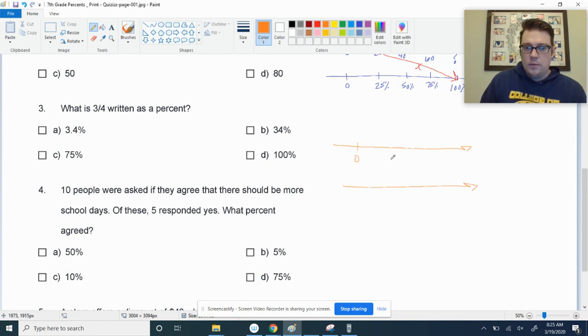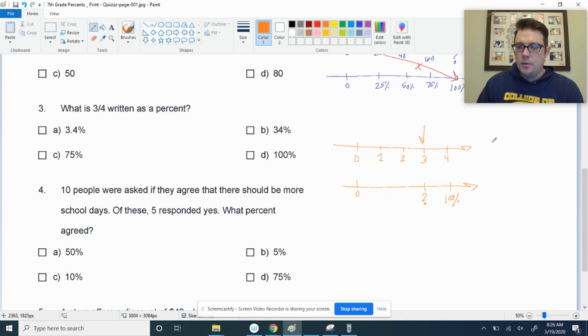So if your number line is talking about 3 out of 4, you're talking about 1 here, quarter of the way, 2, 3. You're talking about this part. And if this was a percentage that you're talking about, and the total 4 is 100, then you're trying to find this.